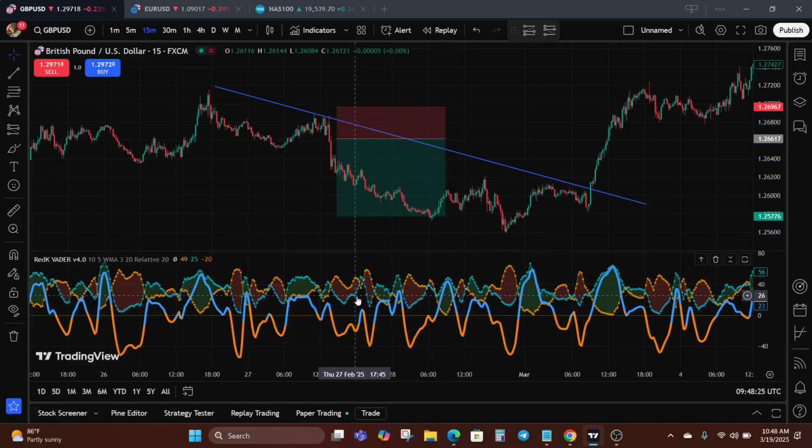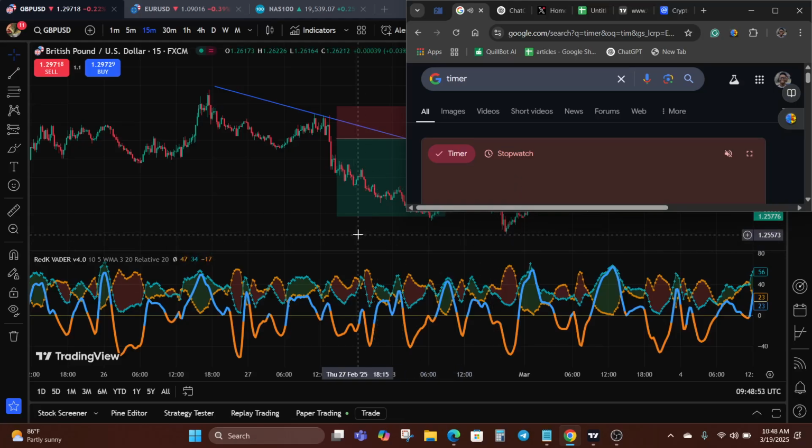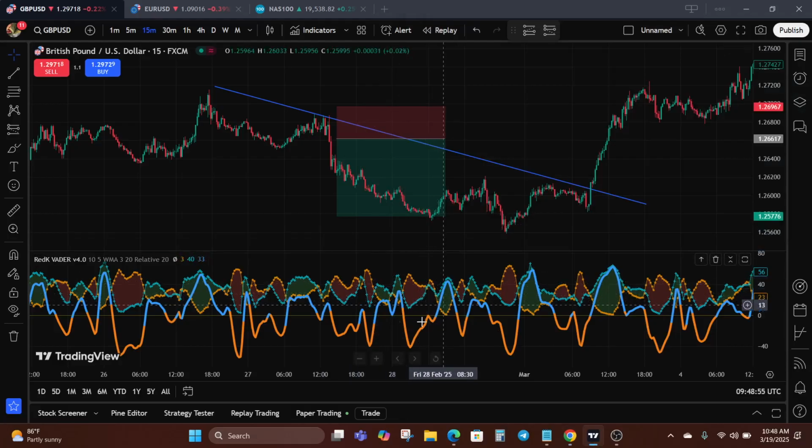And now before you enter your sell, also ensure that this orange line with some circles on it is above the blue, and the shaded area must be orange. So that also confirms the signal given to you by the main line.